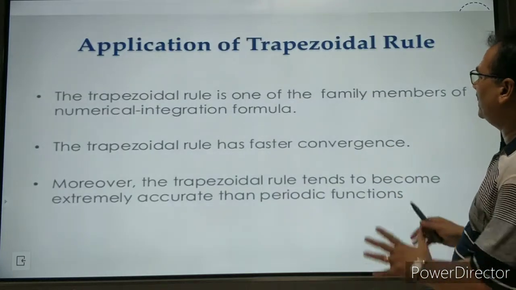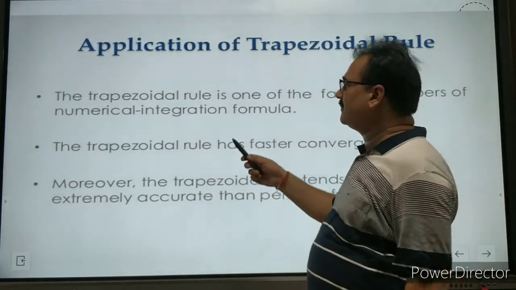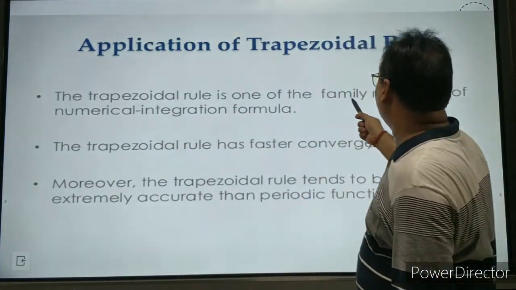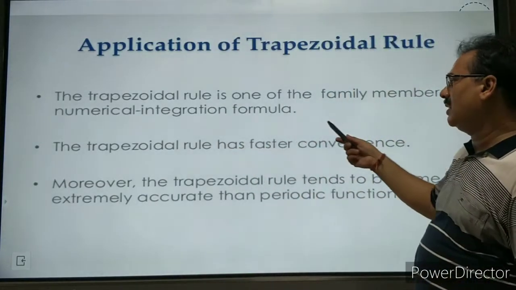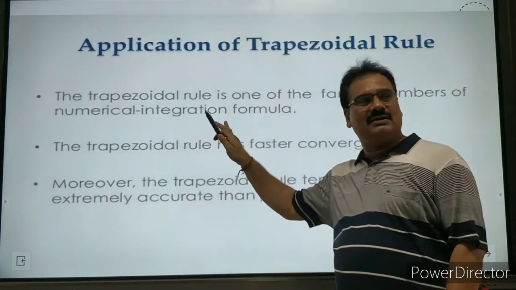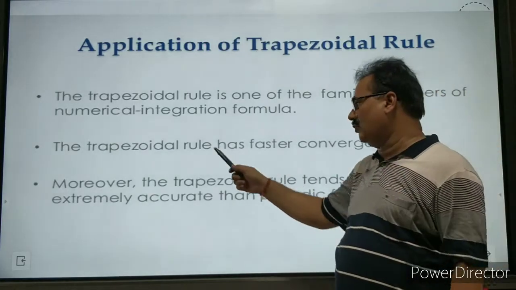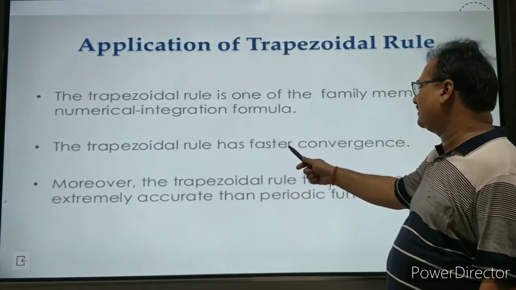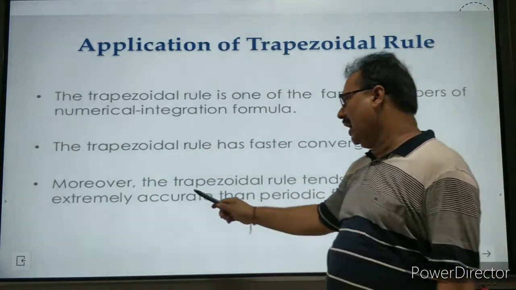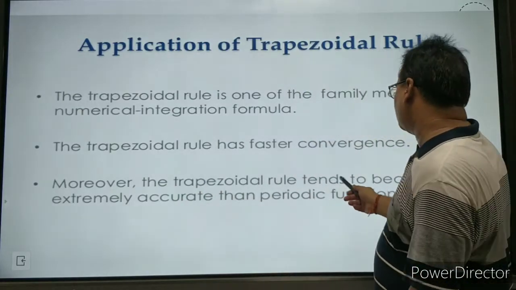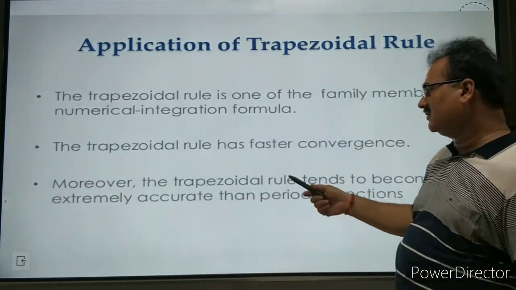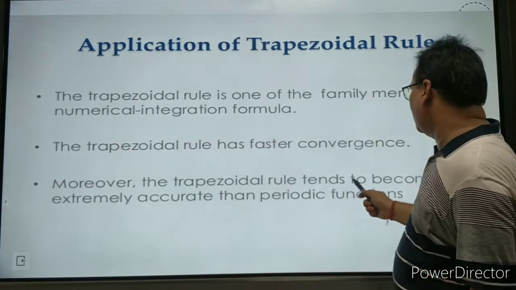Now, what is the application? The trapezoidal rule is one of the family members of the numerical integration formulas. As I said, after putting the value of n equal to 1, we can develop the trapezoidal rule. The trapezoidal rule has faster convergence, and moreover, it tends to become extremely accurate for periodic functions.